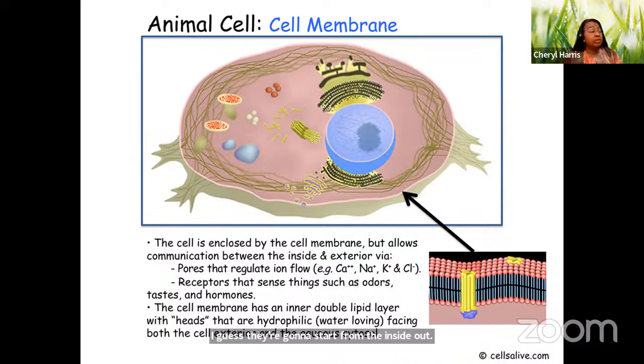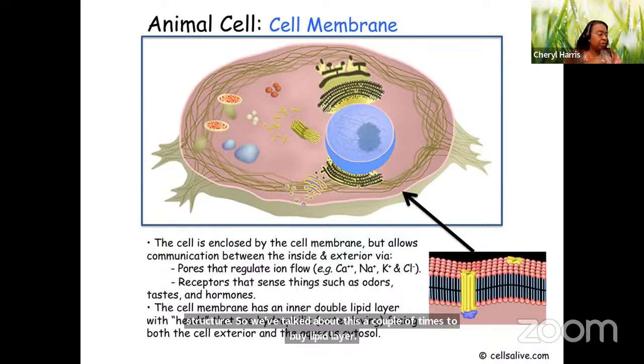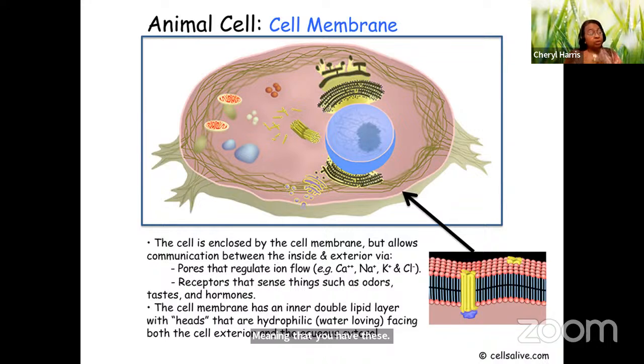So starting from the inside out, we have our cell membrane. You have an enlarged picture down here at the corner that shows the structure. We've talked about this a couple of times, the bilipid layer, meaning that you have these little phospholipid molecules and you've got two of them and they kind of face each other in opposite directions.